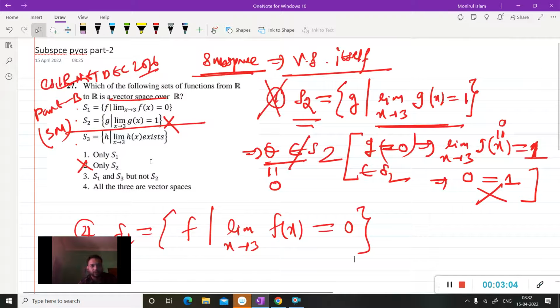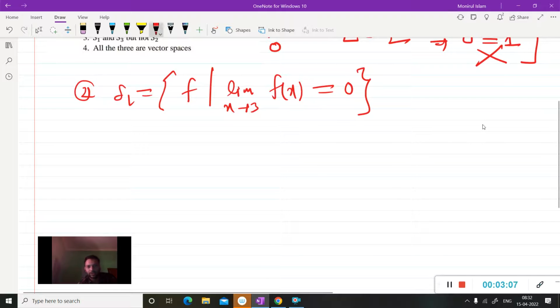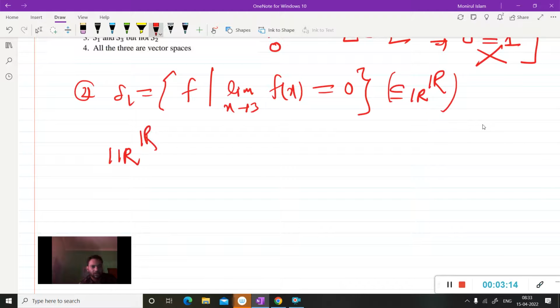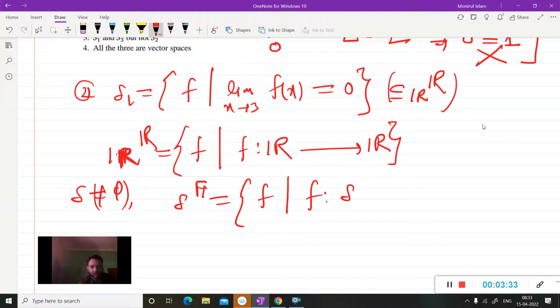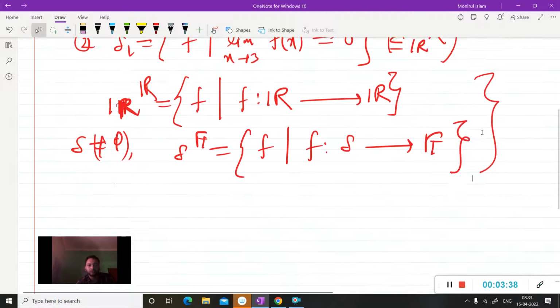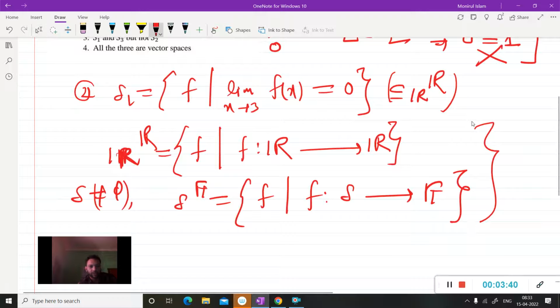This is a set of functions, and it is a subset of R to R, the set of all functions from R to R. In general, suppose S is a non-empty set, then S to the power F is the collection of those functions whose domain is S and codomain is F. So we are going to prove that S1 is a subspace.